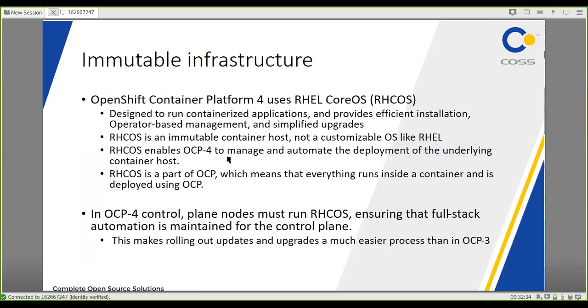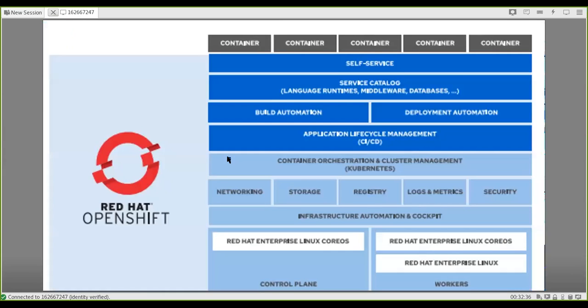Next. Okay, so before I give the immutable and all these things, let me discuss the architecture of OpenShift. Before I discuss OpenShift, I am telling what Kubernetes is. Kubernetes is the orchestration tool. It will manage the scaling of your application, or deploy your application, or all the resources of Kubernetes we are using.